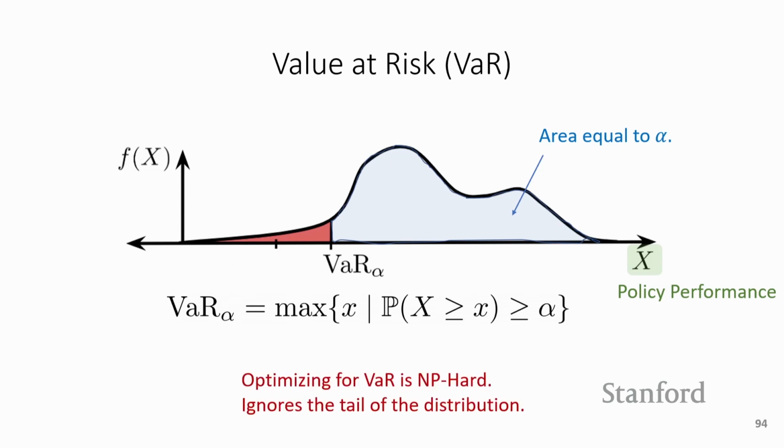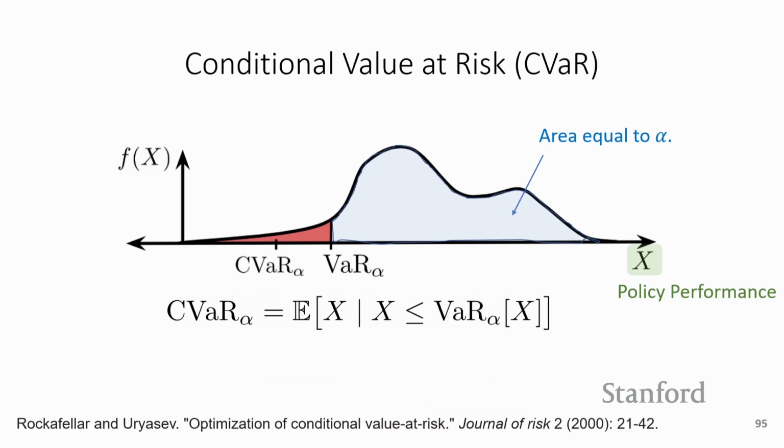Now, this is nice, but it turns out optimizing for value at risk ends up being a difficult problem, and it ignores the tails. It ignores what's going to happen in this red section, maybe in the 5% worst case outcomes. And so often what people have been doing, and this is becoming more popular, is this idea of conditional value at risk.